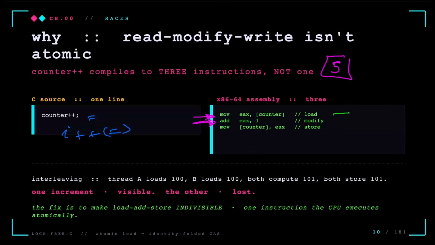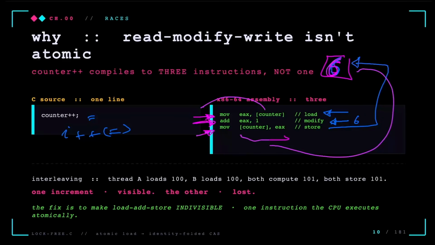Then we have another thread that is loading the value 5, will perform the addition to get 6, and then it will store 6 as the new value, right? And then the operating system decides this blue thread will now pause and our purple thread will continue, and the purple thread will now move also 6, because when it loaded the counter at first it was 5, and so it will put 6 again. And so we lost an increment.